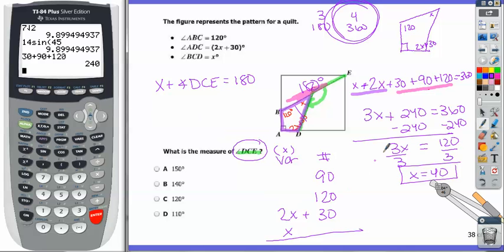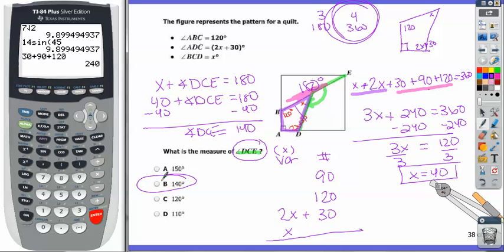Well, x, we already discovered, is 40. So I'm going to subtract 40 on both sides, and 140 equals angle DCE. So my answer is B.